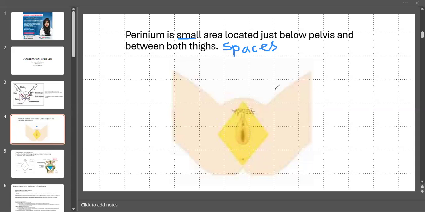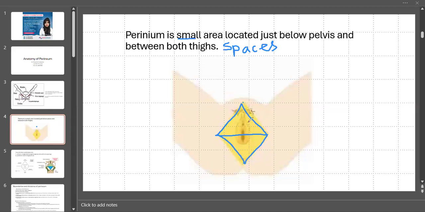we have to follow some small steps. The first step is to identify the boundaries of the perineum. You know where the perineum is. Firstly, you will look at this and start thinking about making two triangles out of this thing we are calling the perineum.